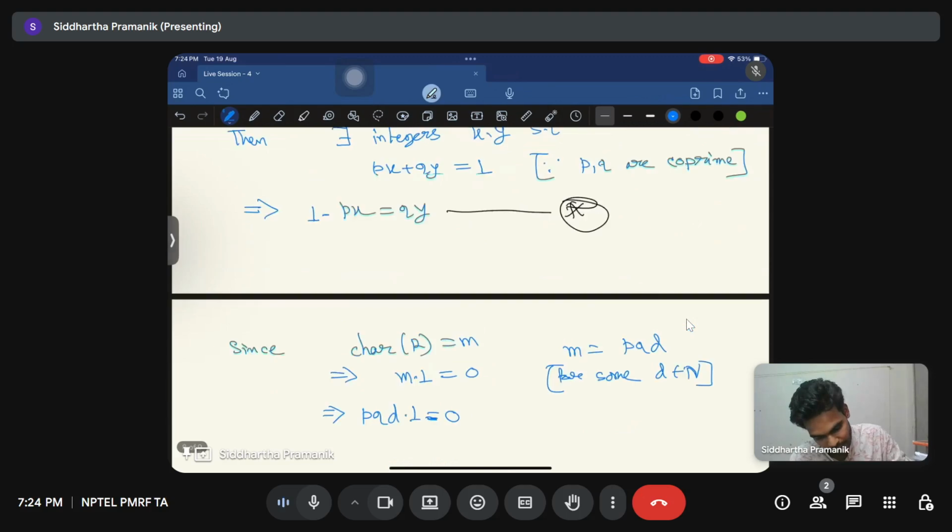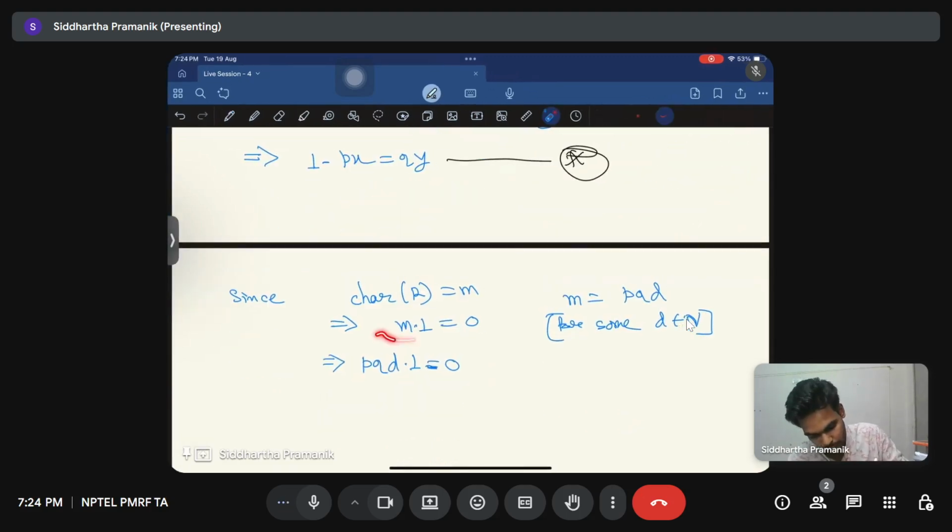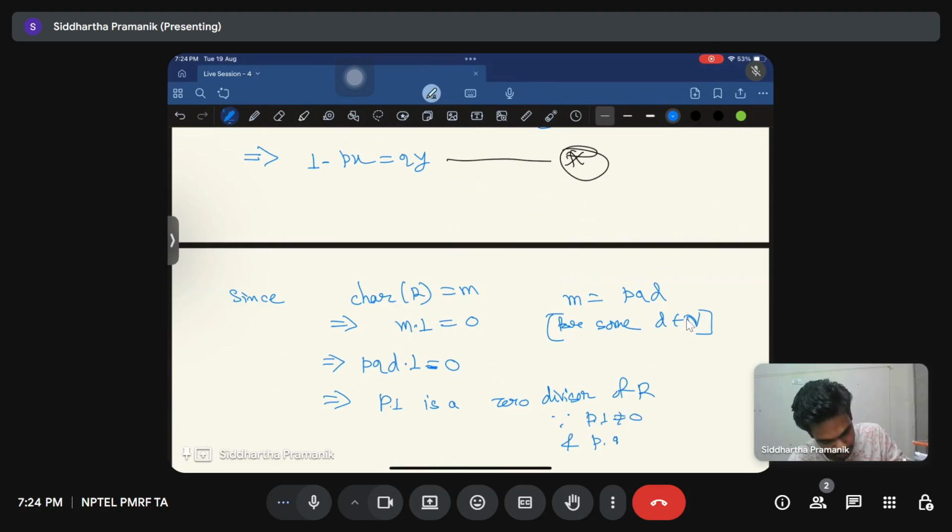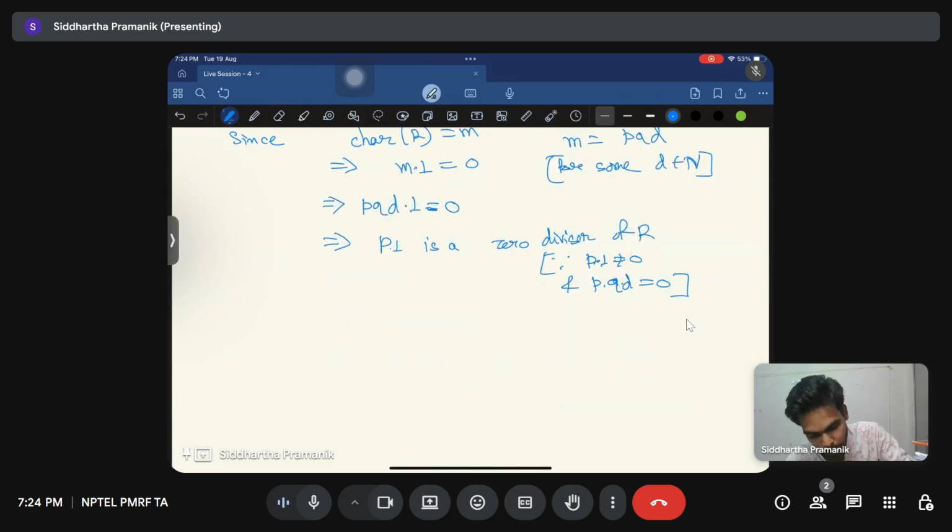From here, characteristic means m times 1 equals 0, and m is the smallest positive integer with this property. So this implies p times 1 is a zero divisor of R, because p times 1 is non-zero and p times q times d is 0. And p times 1 is non-zero because p is strictly less than m and m is the characteristic.